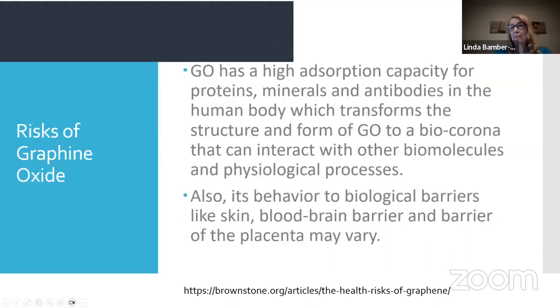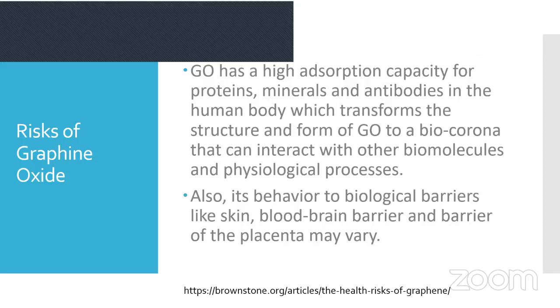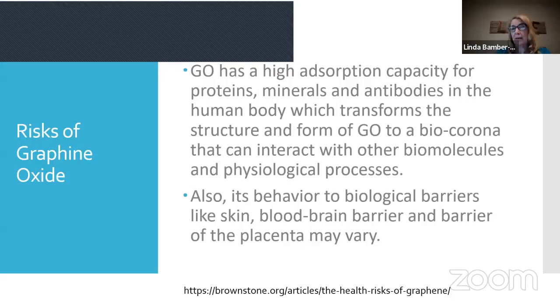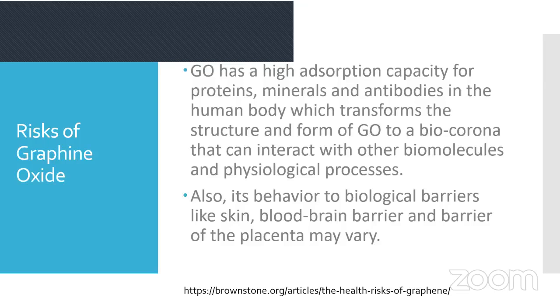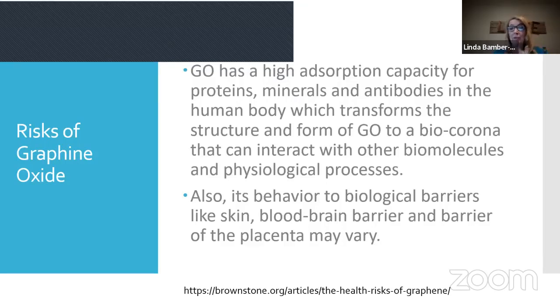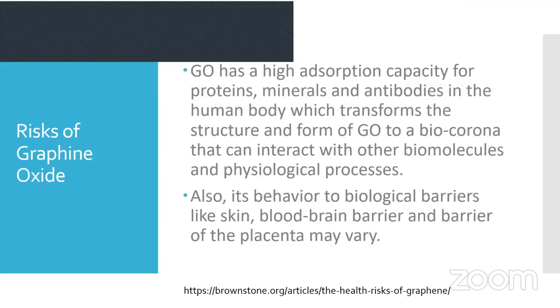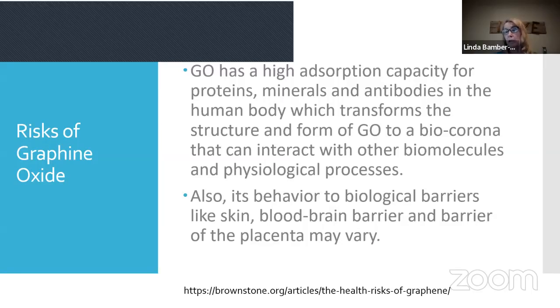So it has a high absorption for proteins, minerals, and antibodies in our body. And it can form a biocorona that can then interact with other molecules. I have to read this because I'm not exactly into this, and I think it gives you a better chance to read it and see it and hear it also. So it can go through our skin, it can go through blood-brain barriers, and also the placenta for newborns. So I think most of us are recognizing this.